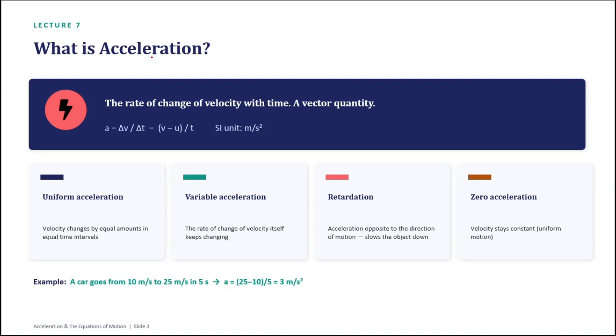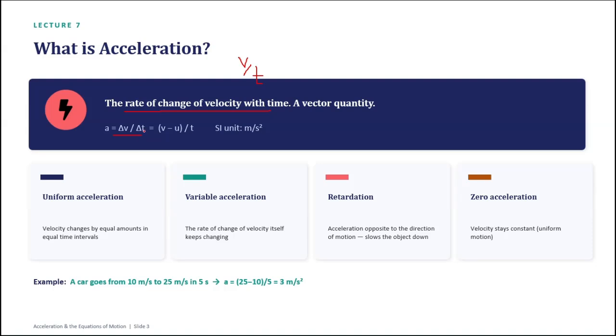The definition is: acceleration is the rate of change of velocity with time. What does this statement mean? The rate of change of velocity with time means v divided by t. So acceleration can be written as delta v divided by delta t.